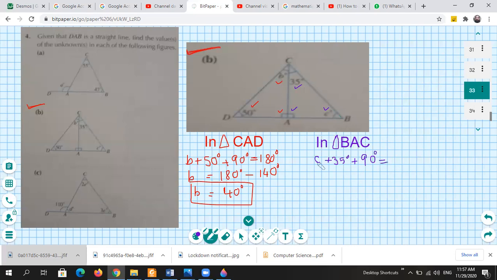The sum of all three angles is 180 degrees. So C equals 35 plus 90, which is 125. C equals 180 minus 125. So C will be equal to 55 degrees.